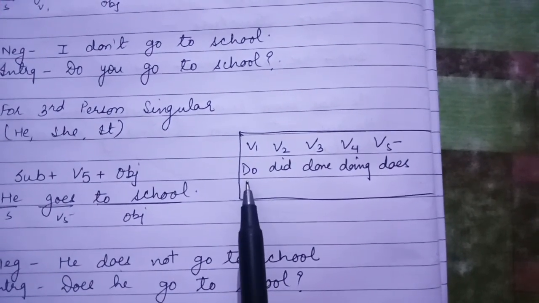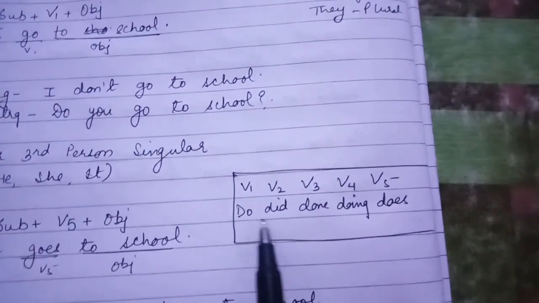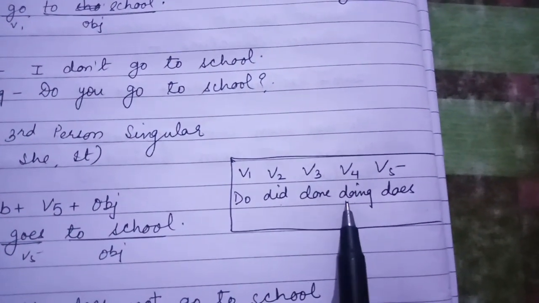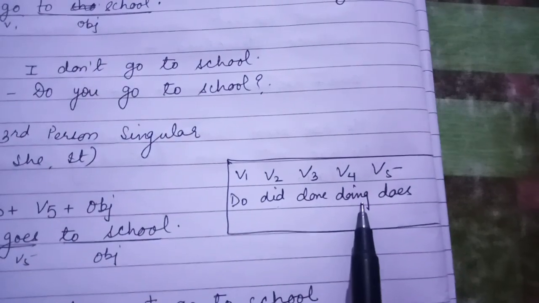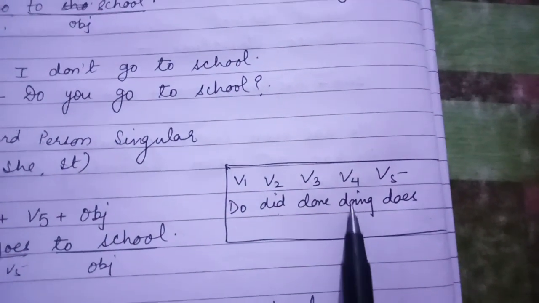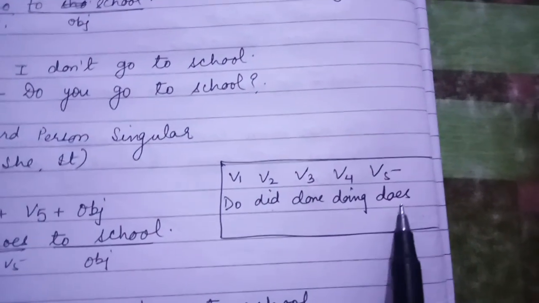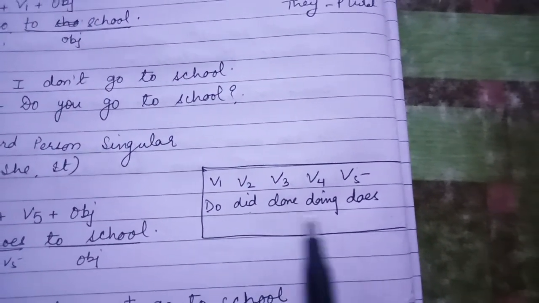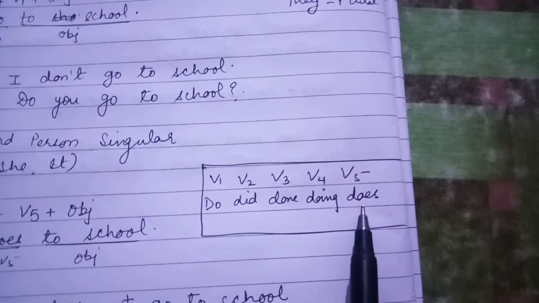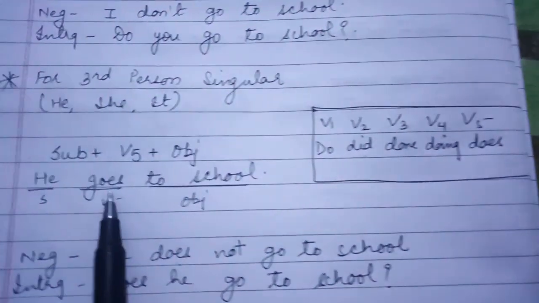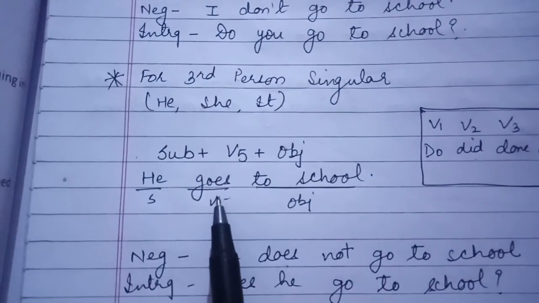First form, the verb as it is. Second form of do is did. Third form, done. Fourth form means verb plus ing. When we add ing to the main verb, it forms V4. And V5 is what? When we add s or es to the main verb, it forms the verb's fifth form. So, goes is the fifth form of the verb go.